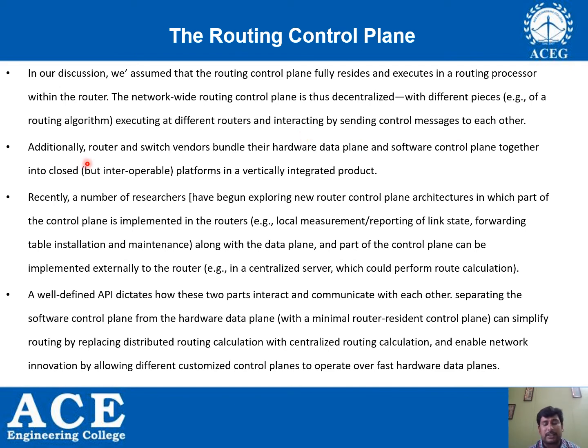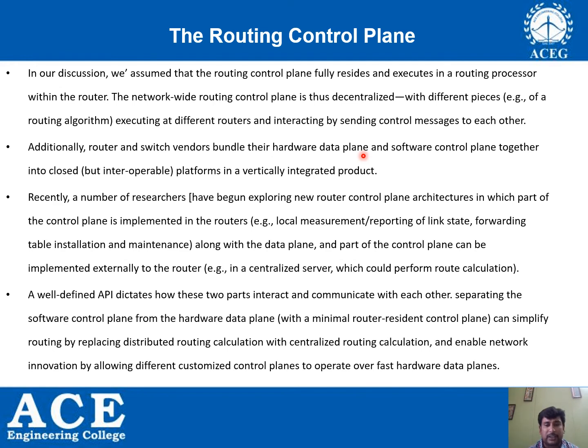Additionally, the router and switch vendors bundle their hardware data plane and software control plane. The switching fabrics, which take care of the hardware data plane, and the routing processor, which takes care of the control plane, need to be integrated together inside the router.